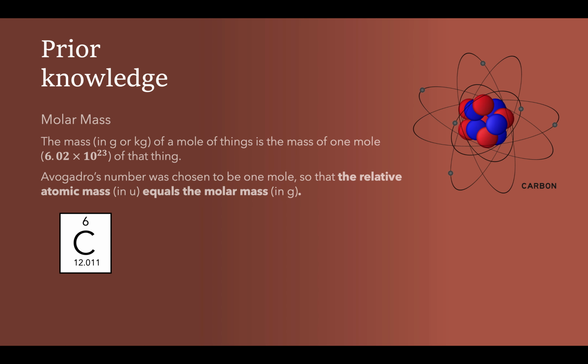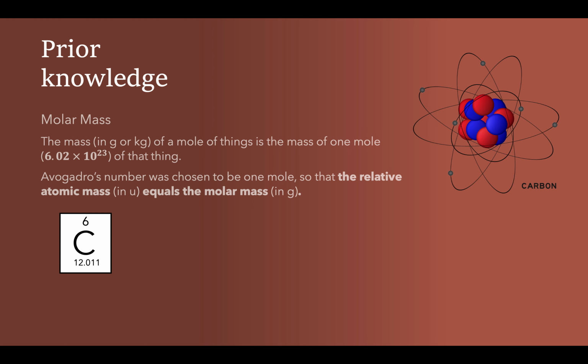The concept of molar mass, the whole idea here is that for any given thing, the mass of one mole, the mass of approximately 6.02 times 10 to 23 of that thing, is the molar mass as measured in grams or kilograms. So potentially you could have a molar mass for elephants, which would be lots and lots of kilograms.